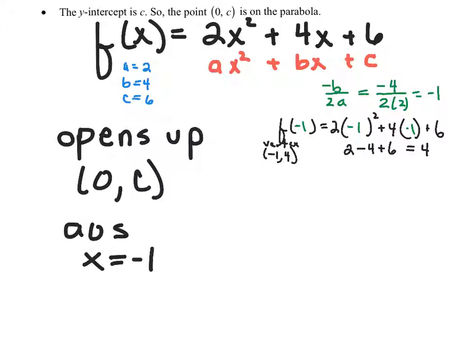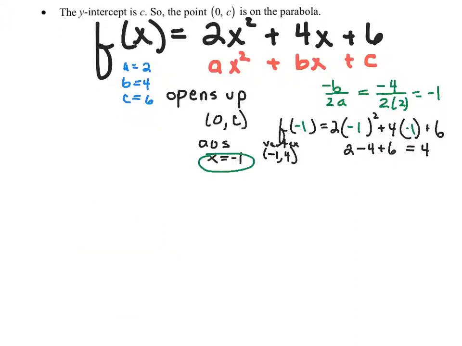It's very important to put it into this notation, x equals negative 1. And here I've made a little mistake. I put c there instead of the actual value of 6, because we already know that c equals 6. So let's just change that so that we have the right information there.